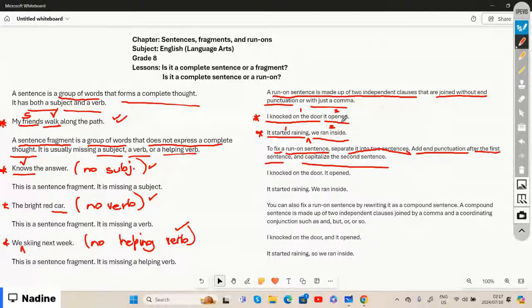In order for us to fix the sentence, there we separated it. Now we write it like this. It says, I knocked on the door, period. There we have our end punctuation, because that is already a sentence on its own. It opened. We start with a capital letter and it ends with a period, and that is our second sentence.